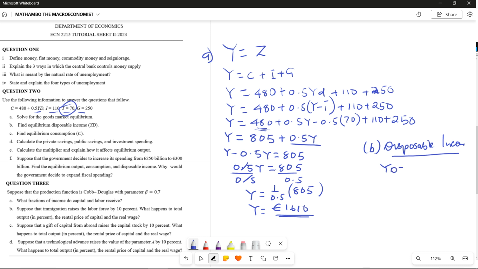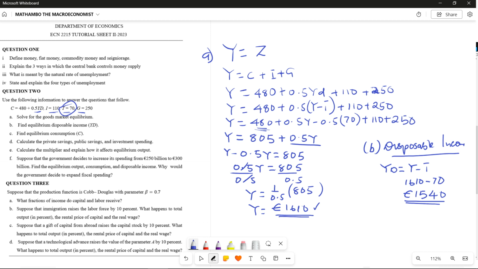So it is our YD, which is just Y minus T. Our Y is the 1610 we just found, then we remove the tax, which is 70. So 1610 minus 70 gives 1540 euros, meaning that our disposable income is 1540 euros.